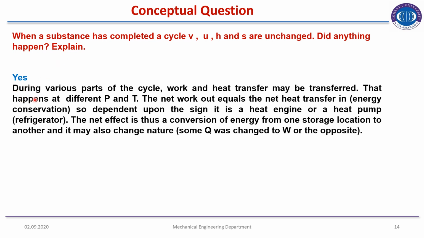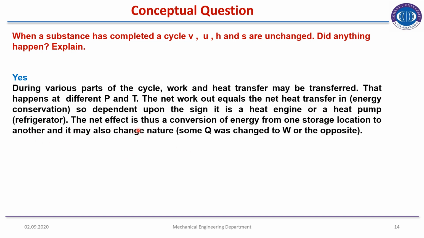Yes, during various parts of the cycle, work and heat may be transferred. That happens at different pressures and temperatures. The net work output equals the net heat transfer by energy conservation. Depending upon the sign, it is a heat engine or a heat pump, or refrigerator.